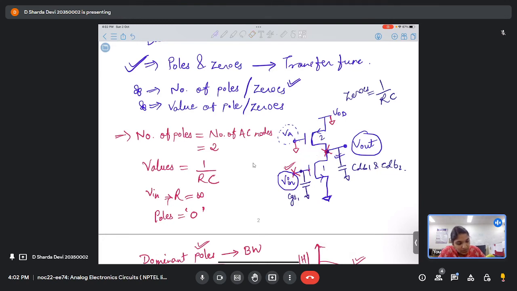This is the only capacitance that is connecting, right? CGS1, CGD1, sorry. So this capacitor will come into the picture. Along with this, you'll need the value of the resistance R. So what is that resistance that you will consider?